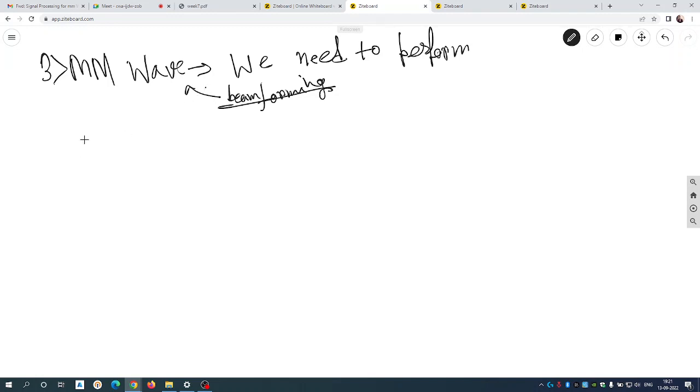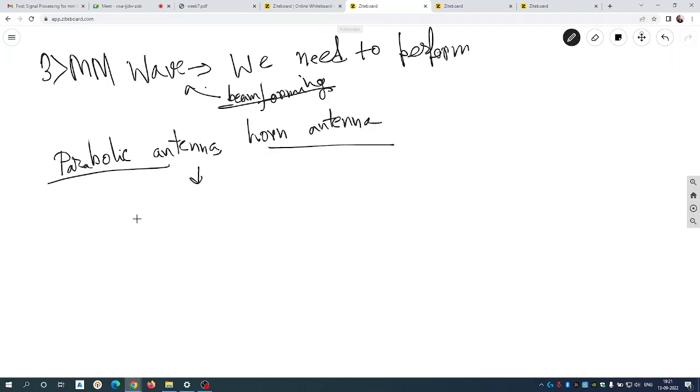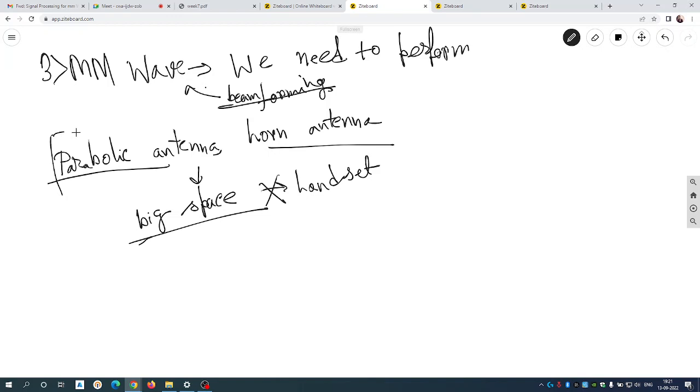So the thing comes here: if we use a parabolic antenna or horn antenna, these devices take big space. So for a handset, you cannot think of parabolic antennas or horn antennas.